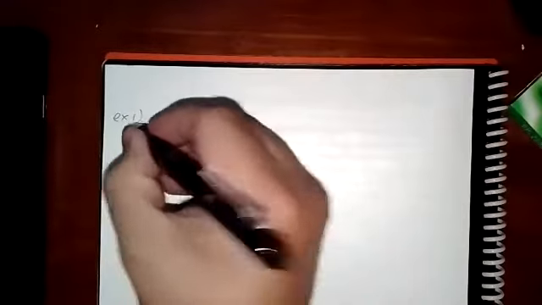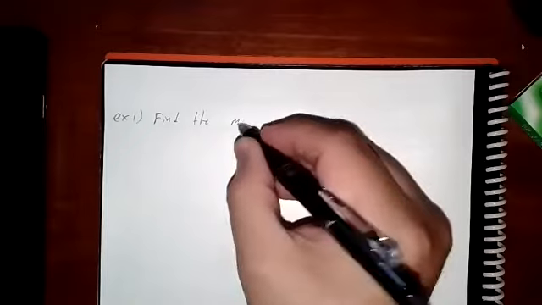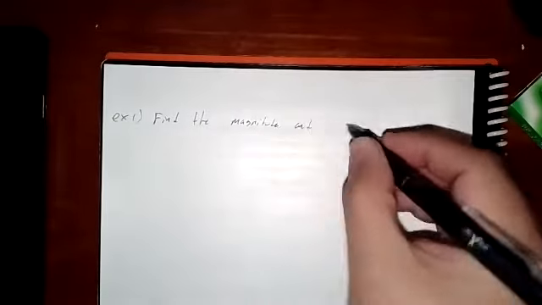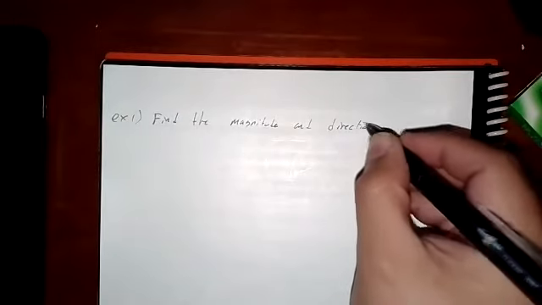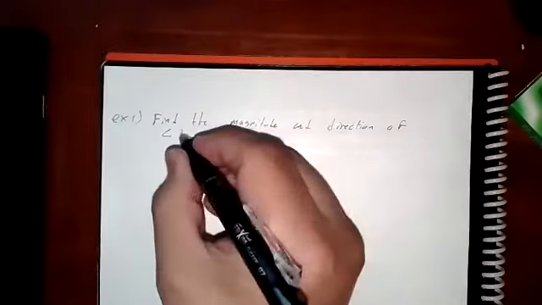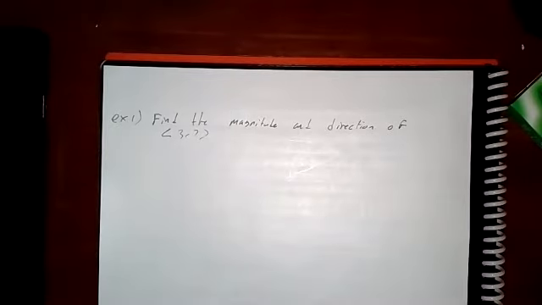First example, find the magnitude and direction of this vector. I guess I could make one up, but let me see if I can find one from your homework. 3, 7. That looks fine to me.